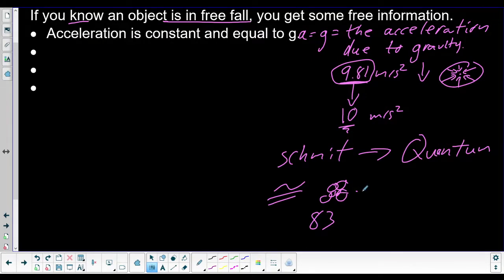He then approximated this down to 1. So when I say that we're going to approximate 9.81 meters per second squared to 10, and you think that's bad, I saw a guy approximate 83 as 1 before and say it was fine. So I don't feel that bad about it.